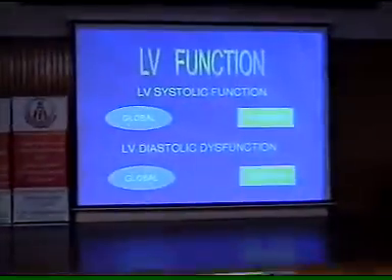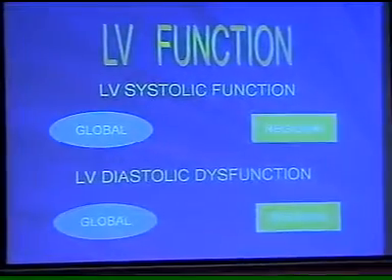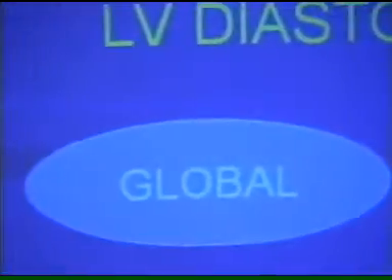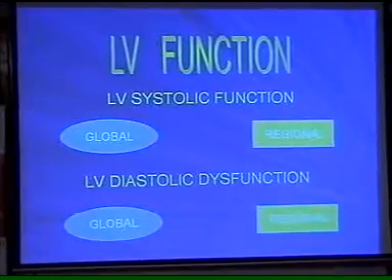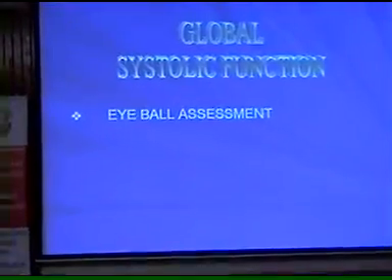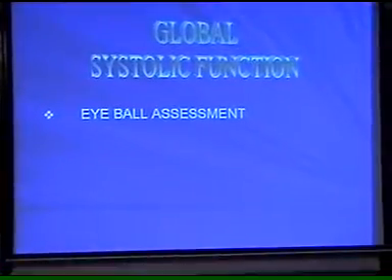Global means overall performance, regional means is there any wall motion abnormality, which is indicative of ischemia in that region. And the same goes for regional or global diastolic dysfunction. So talking about global just a little bit, how do we assess it and what do we put in our reports?